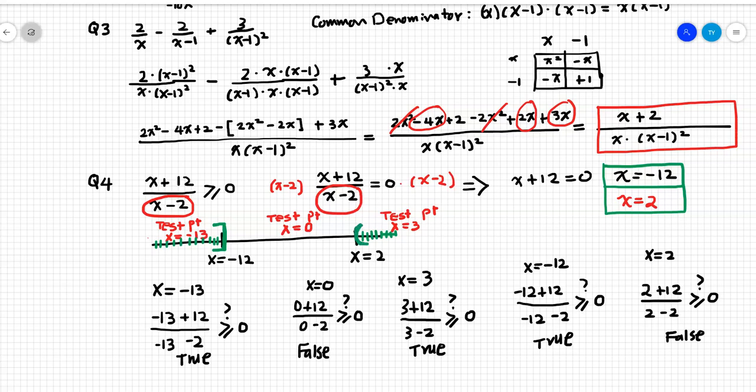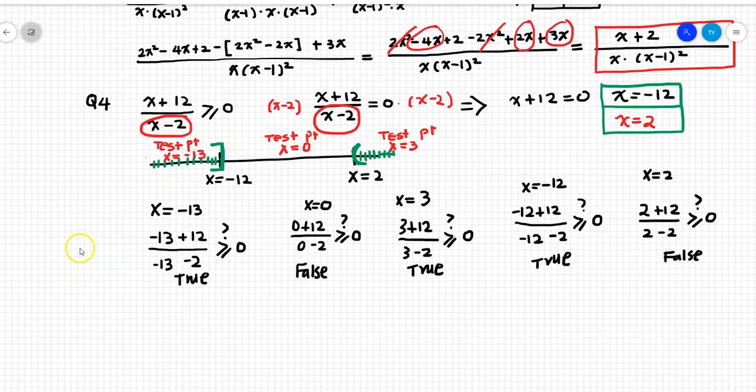Now all we have to do is write it in interval notation. From negative infinity, we come all the way to -12, but -12 is included.